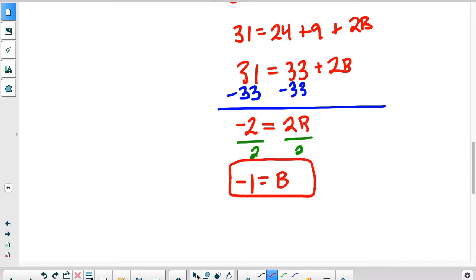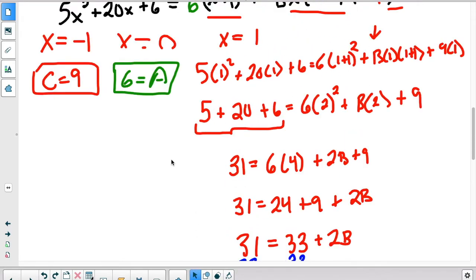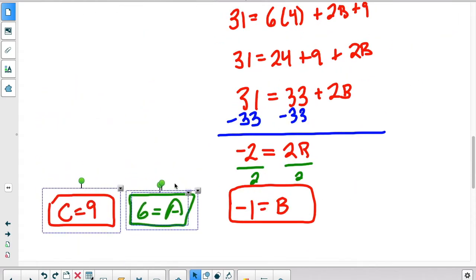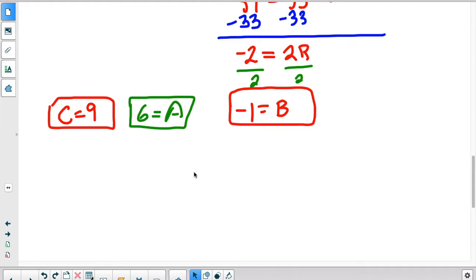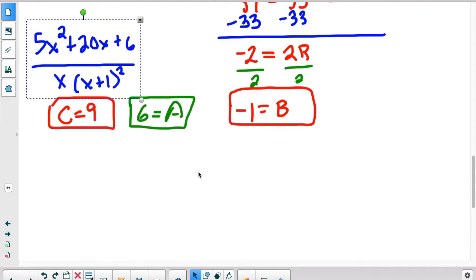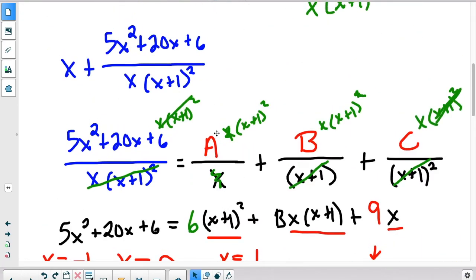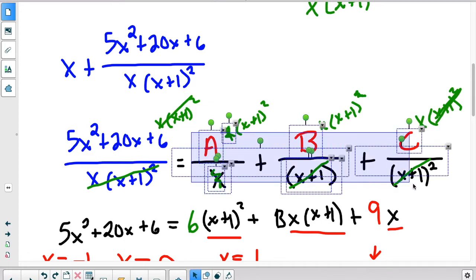Now we found all three. And I'll bring the other two down here. So these are our three letters that we have. Now I'm going to scroll back up to the top.